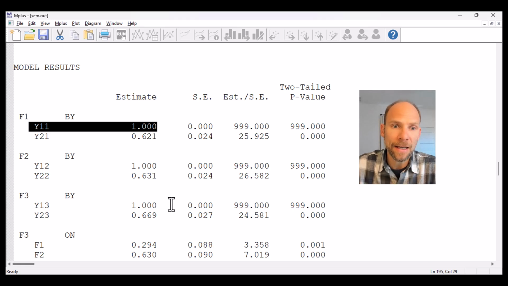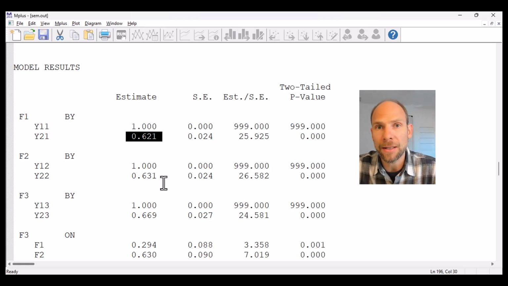And you can see the second indicator does not have a loading that is estimated to be 1 or close to 1. That could simply mean that this indicator is measured on a different scale. So here a 1 unit change in the latent factor would be associated with an expected 0.621 unit increase in the value of the second indicator. So it's exactly interpreted like an unstandardized linear regression coefficient.